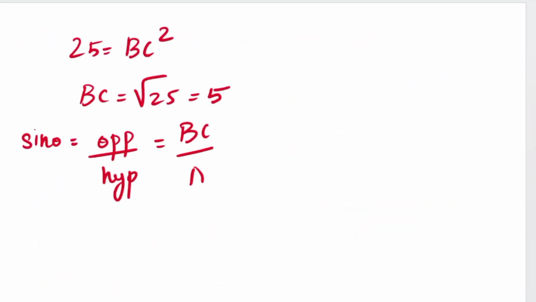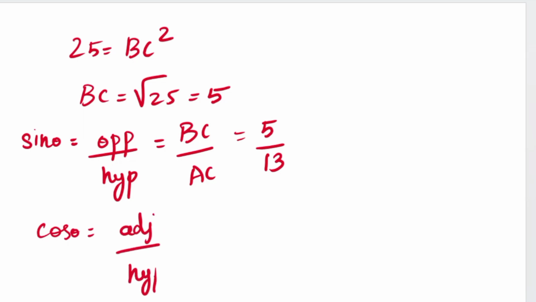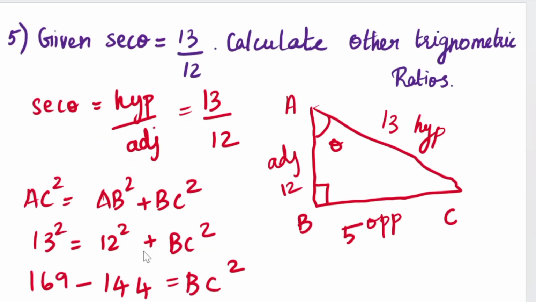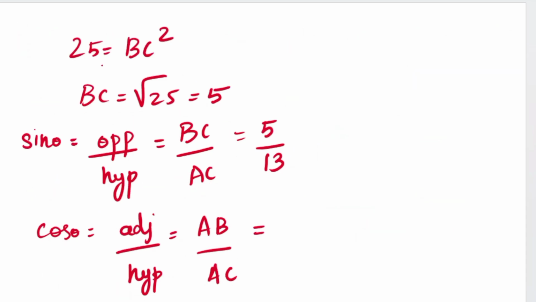BC by AC, which is equal to 5 by 13. And what is cos theta? Cos theta is equal to adjacent side divided by hypotenuse. Which is the adjacent side? Adjacent side is AB and the hypotenuse is AC. What is the value of AB? It's actually 12, okay? In the diagram you can see the value of AB is 12.